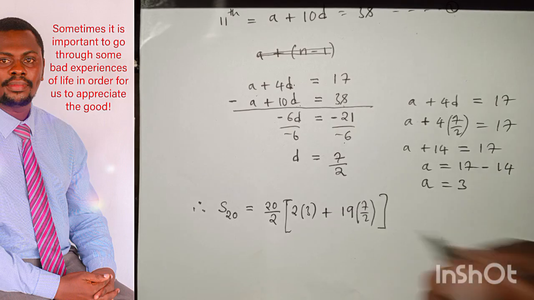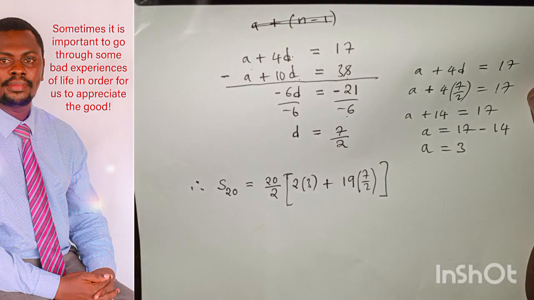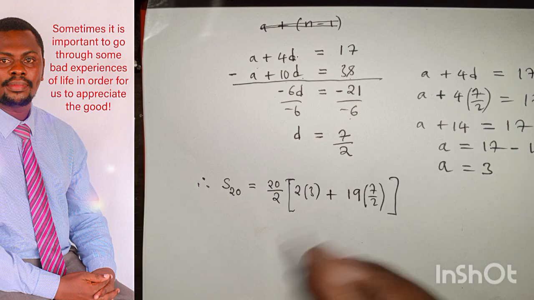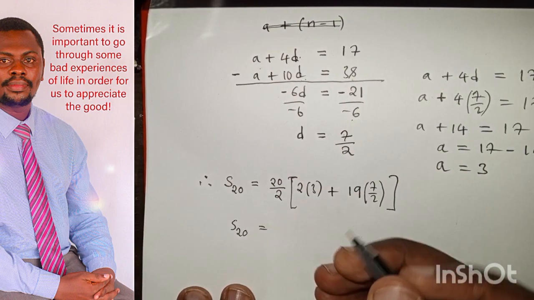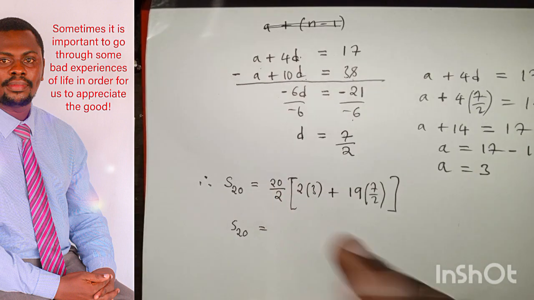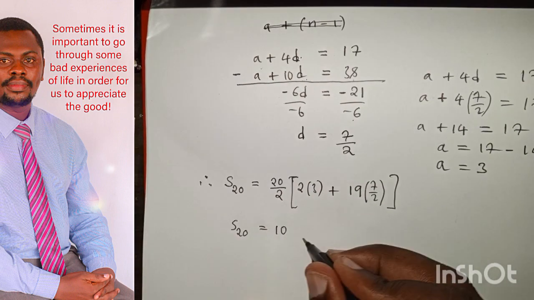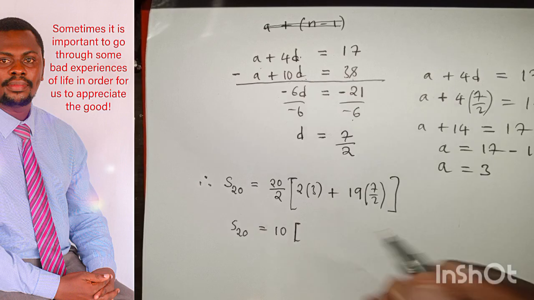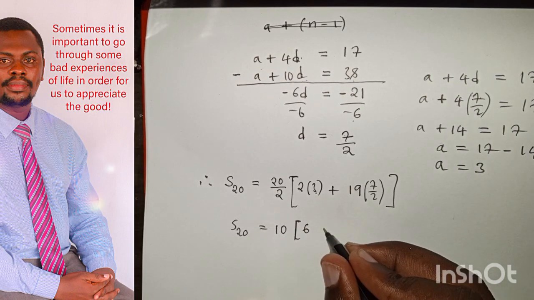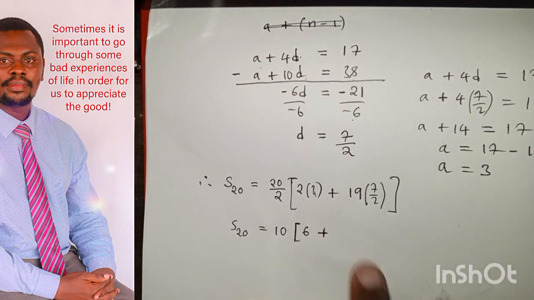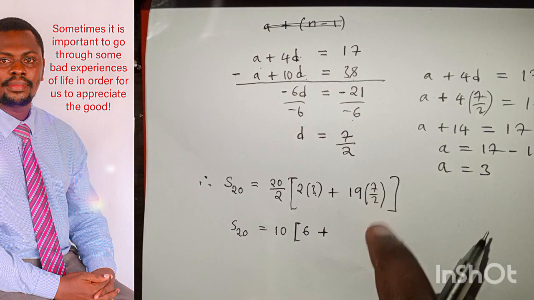Okay, like this. So say S sub 20 is equal to 20 divided by 2, that is 10. Then 2 times 3, we have 6 plus 19 times 7 over 2.